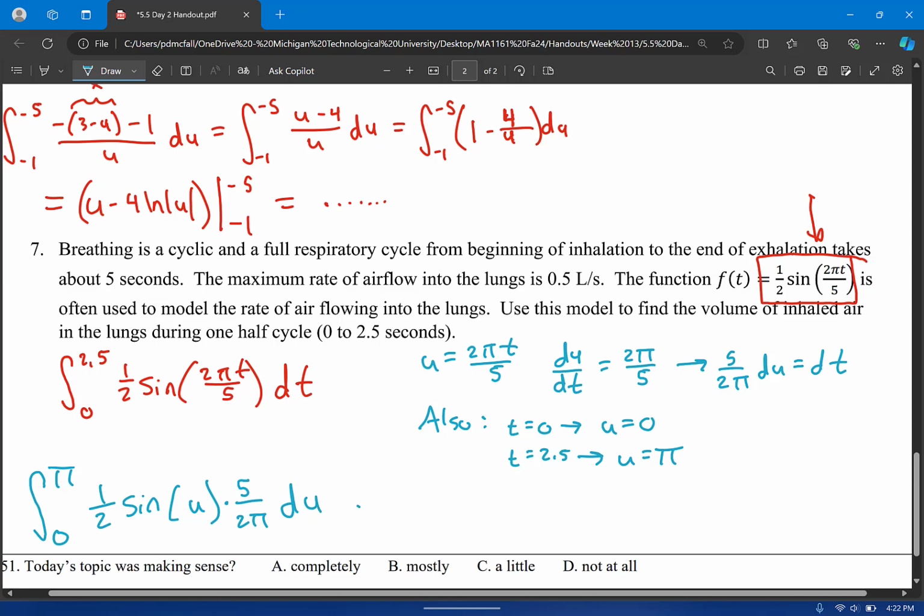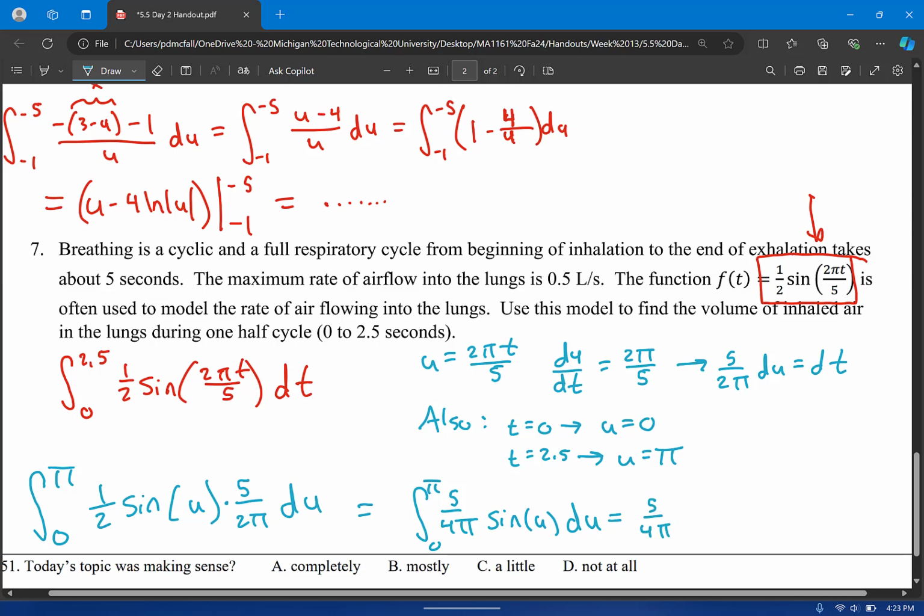All right, we can simplify it a little bit. This is the integral of 5 over 4 pi times sine of u du from 0 to pi, where the constant multiple stays there.